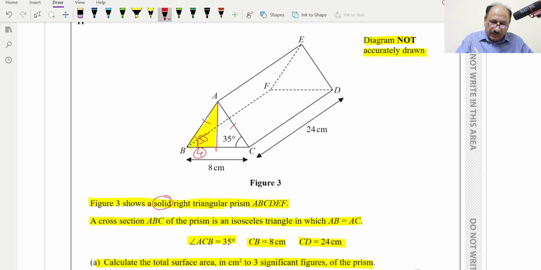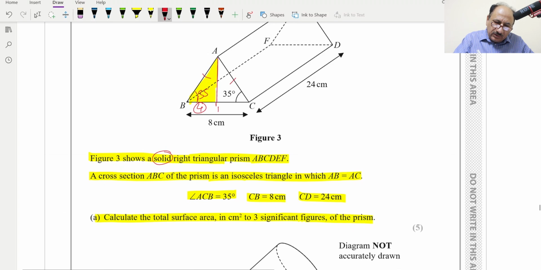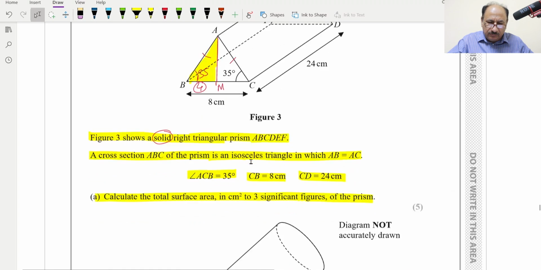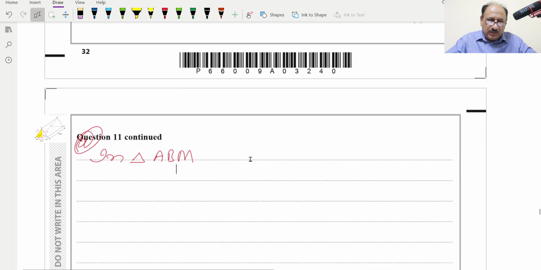So we will find the side length. In triangle ABM, with M as this point, we need to find side AB.